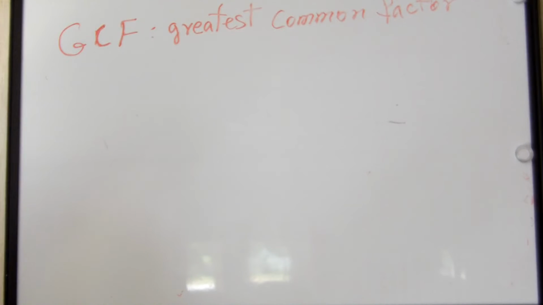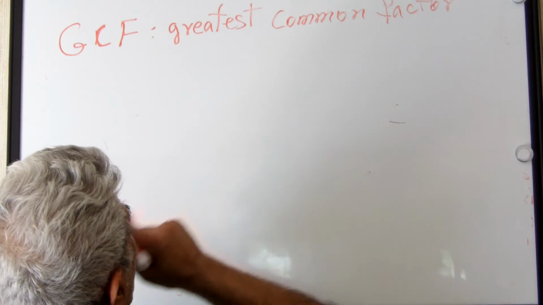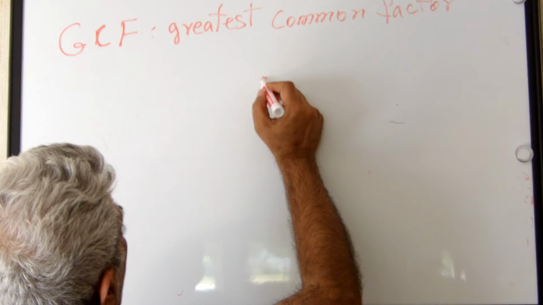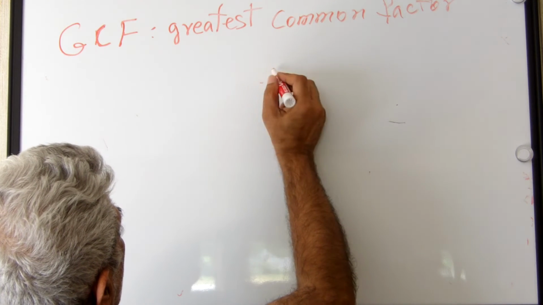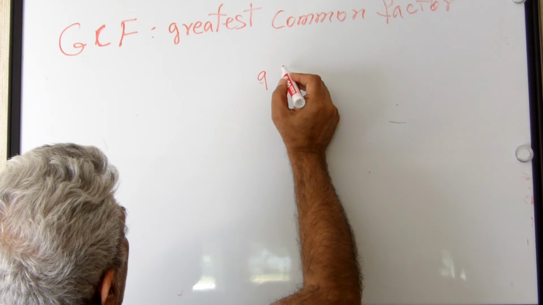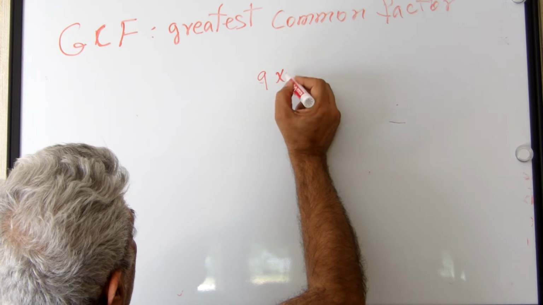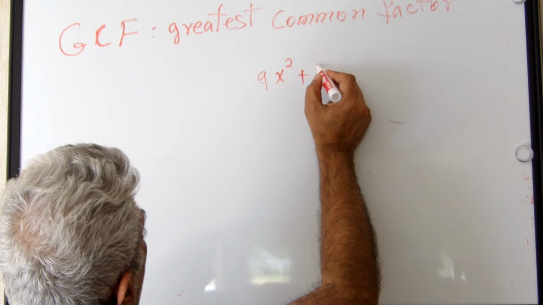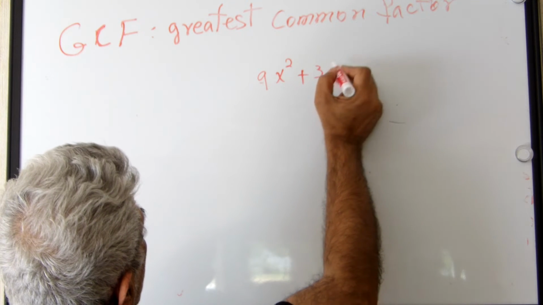So remember that for when you use factoring, you know, there are two numbers, like 9x squared plus 3x.